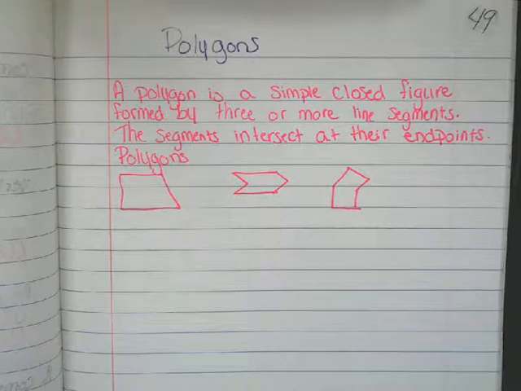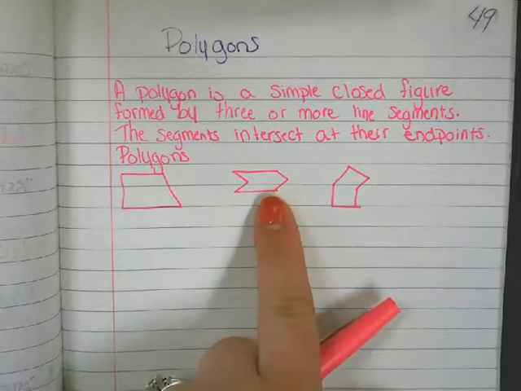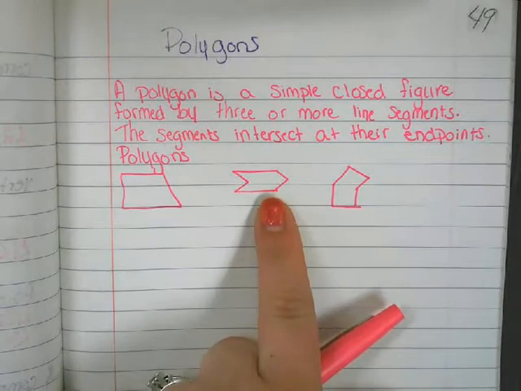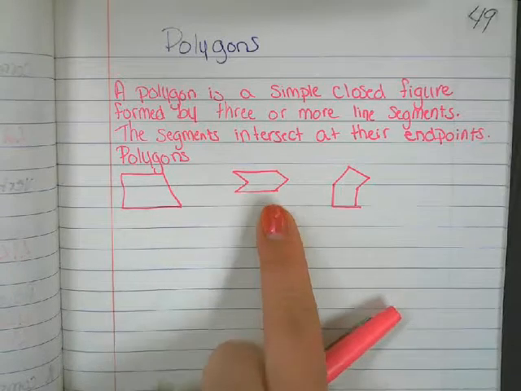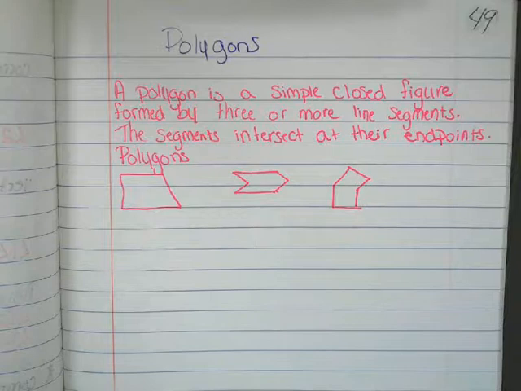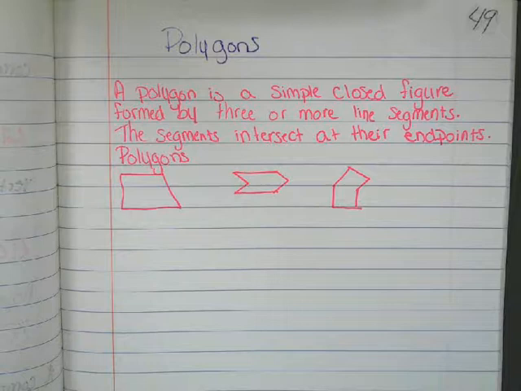So let's look at the second one. Is it a closed figure? Yeah. Does it have three or more line segments? Yeah. Do the segments intersect at their endpoints? Yeah. Okay, so now how many sides does it have? Six. What's a six-sided figure called? Hexagon. Alright, let's look at the last one.